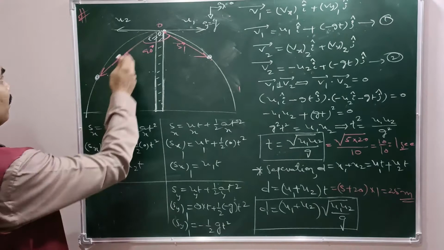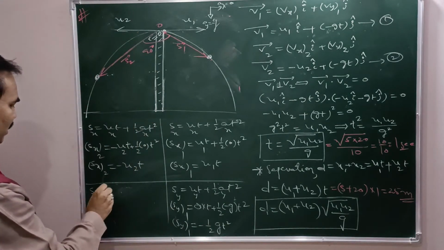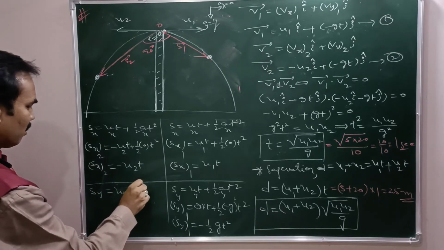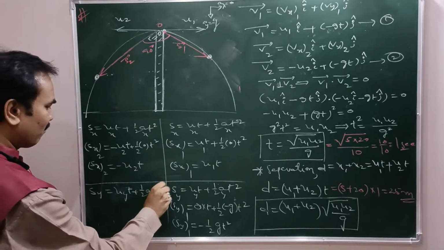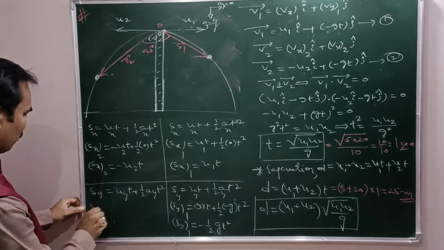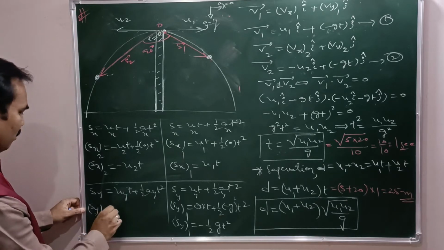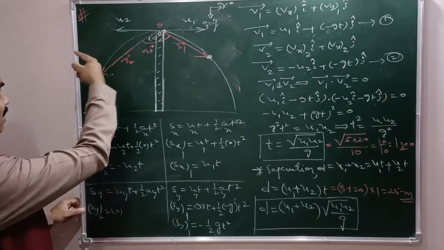Similarly, Sy2, that is Sy equal to uy t plus half ay t square for the second projectile. Same equation. Sy becomes Sy2 equal to uy, 0 for the second projectile also.